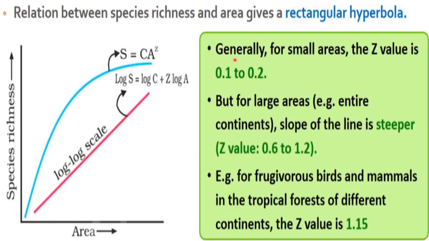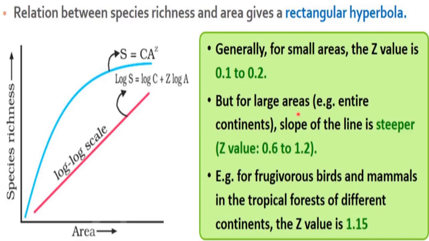Now we are talking about the slope of the line, that is the regression coefficient, which is represented by Z. Generally for small areas the Z value is 0.1 to 0.2. This value is fixed for small areas. But for large areas, if you are exploring an entire continent, that will be a very large area, right?